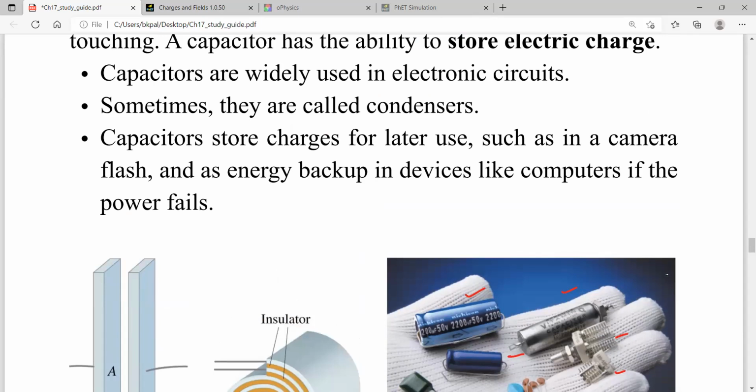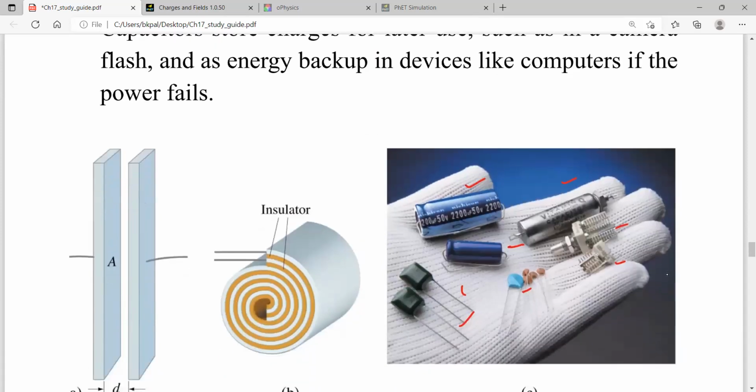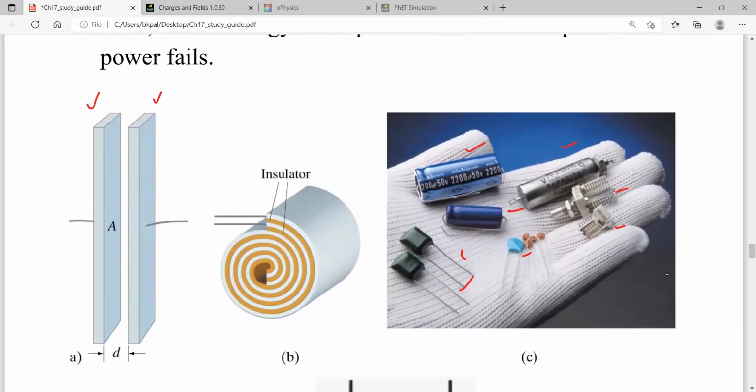The simplest configuration of a capacitor is a parallel plate capacitor, which consists of two parallel conducting plates. Here you see that this is one conducting plate and this is another, separated by some distance, D, for example. Sometimes instead of just separating by air, or vacuum as we have here, we use some insulator.